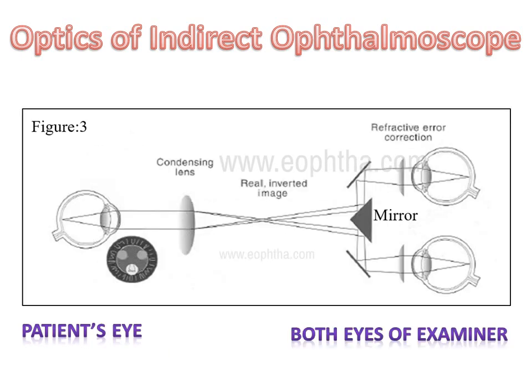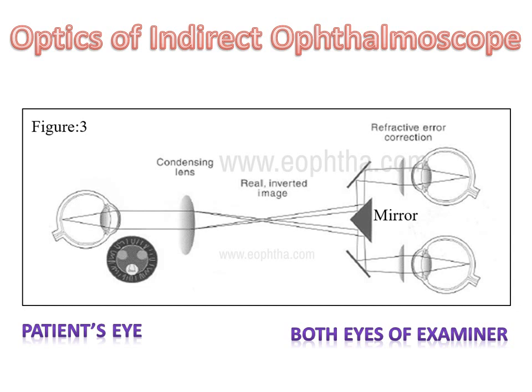This is the optics of indirect ophthalmoscope. You can see that the rays that are coming from the patient's eye are going through the condensing lenses, which is held at an arm's distance from the examiner, and these rays are reflected by a prism or a mirror which are inclined at 45 degrees, and these rays are sent uniformly to both the right eye and the left eye.